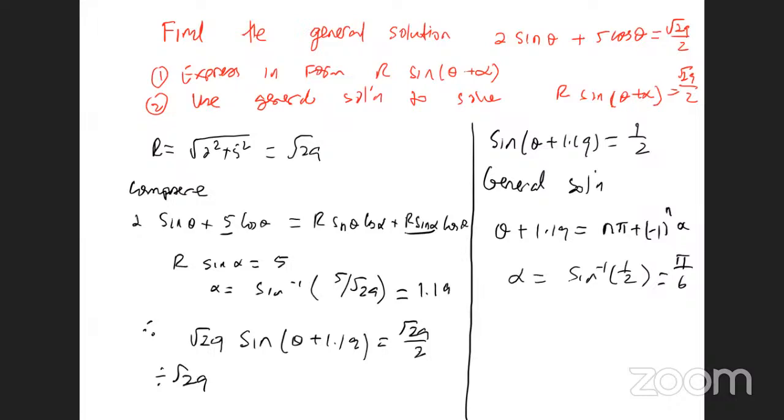So that'll be theta plus 1.19 is n pi plus minus 1 to the n pi on 6. If you want, you can move across 1.19. You can leave a solution like that as well.